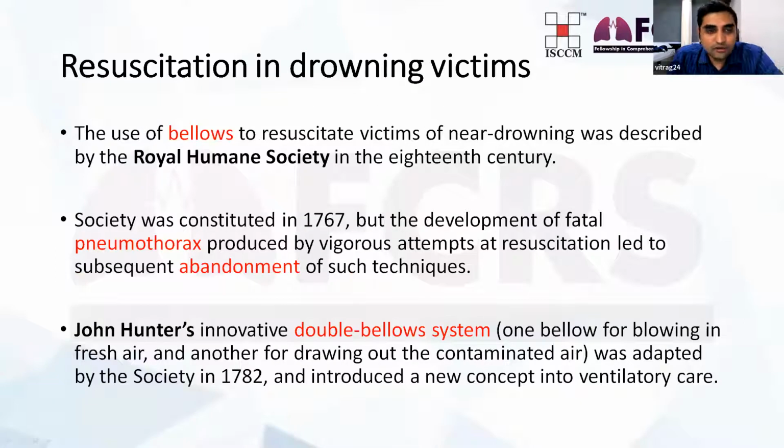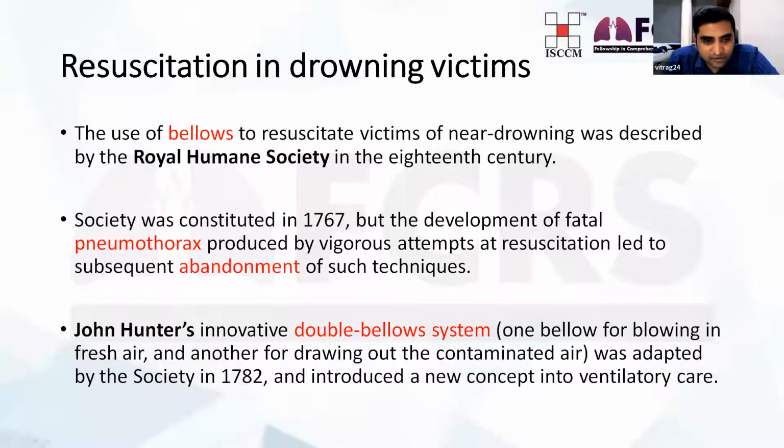So thereafter, bellows were used to resuscitate victims of near drowning by the Royal Humane Society in the 18th century. The Royal Humane Society was constituted in 1767, but after the use of bellows for resuscitation, there were several cases of fatal pneumothorax due to vigorous attempts at resuscitation, and it led to abandonment of such technique.